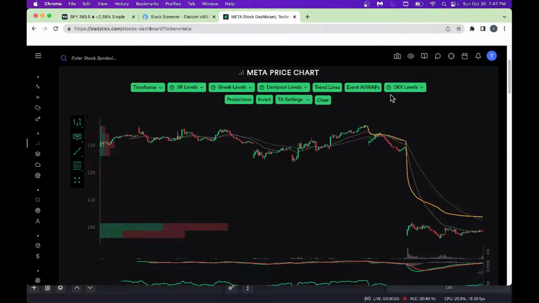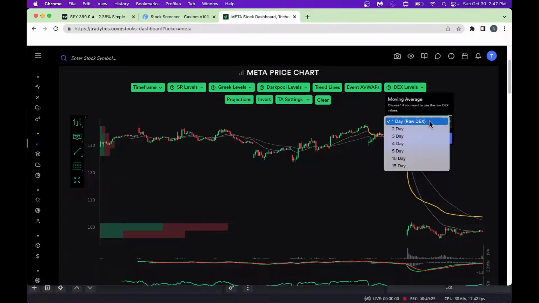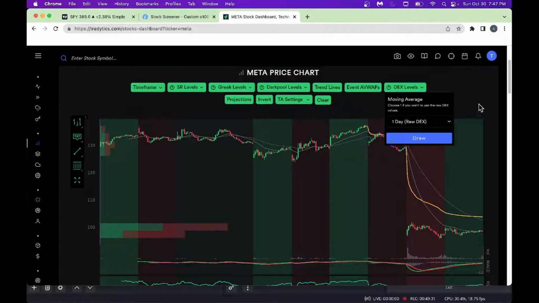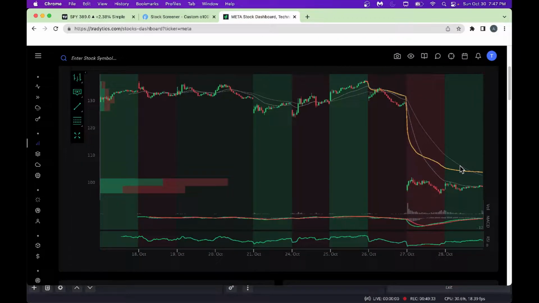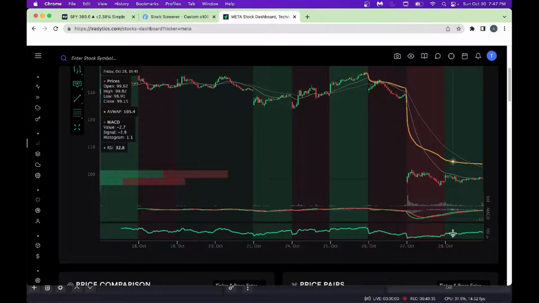You could look at projections, DEX levels. If you are into delta exposure, you could draw some delta exposure, 1 day, 3 day, and so on and so forth here. For example, if you draw 1 day delta exposure, there you go. You got some delta exposure here, as you can see.